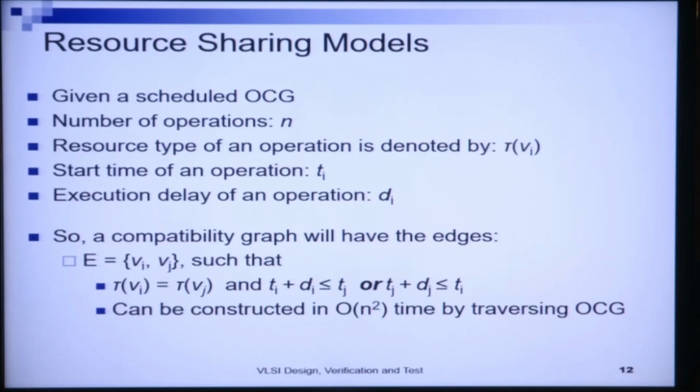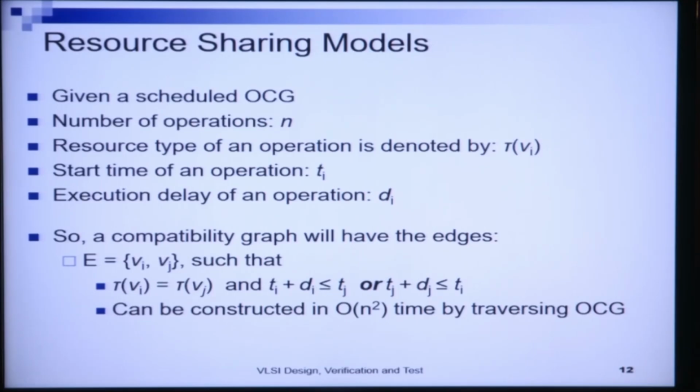Similarly, if Vi starts after Vj, then Vi must start at least Dj time steps after Vj starts. So, Tj plus Dj must be less than or equal to Ti. Only then can I ensure that both operations Vi and Vj will not overlap in their execution intervals, and hence both these operations Vi and Vj can be implemented by the same type of resource.